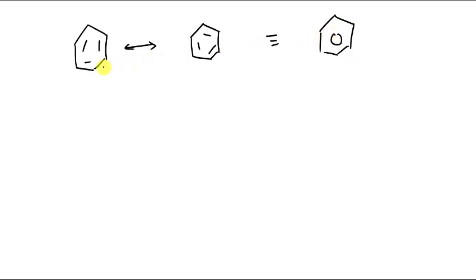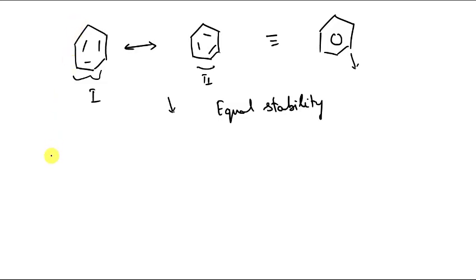Benzene has structure 1 and structure 2 resonating structures that contribute towards resonance hybrid, and these two structures are of equal stability, because they do not involve any charge separation. So the structure of benzene is a resonance hybrid of two resonating structures of equal stability.